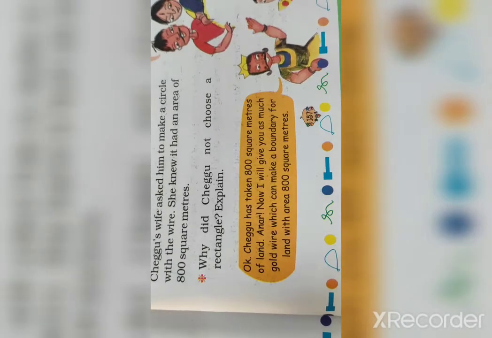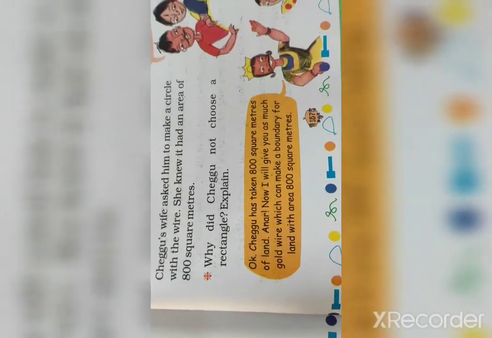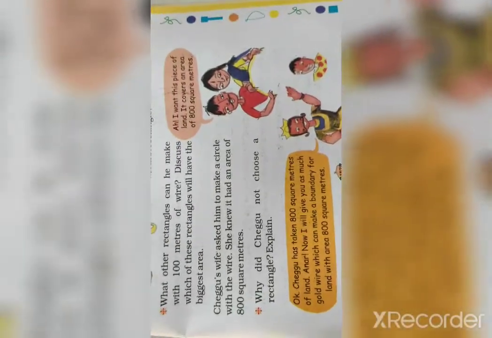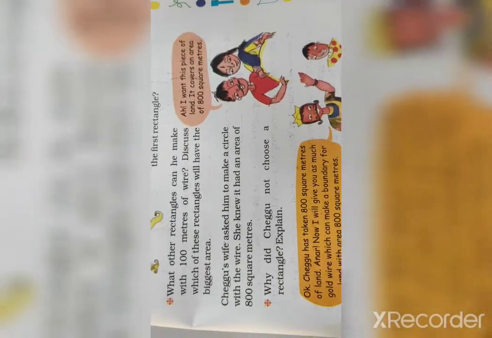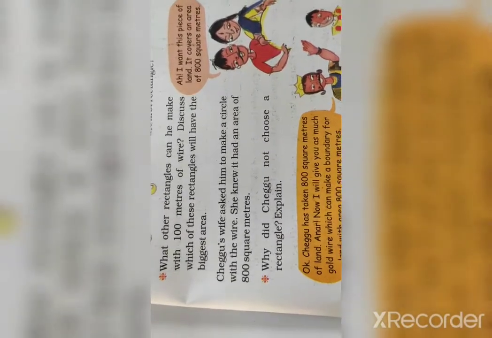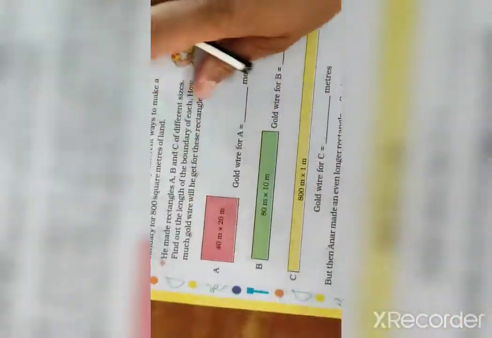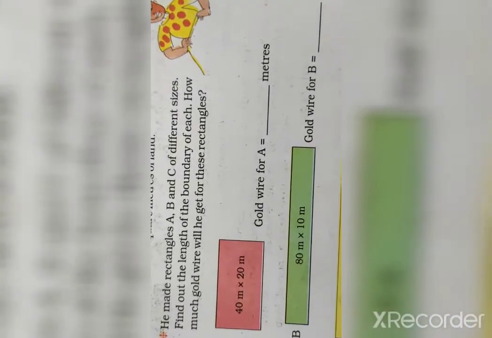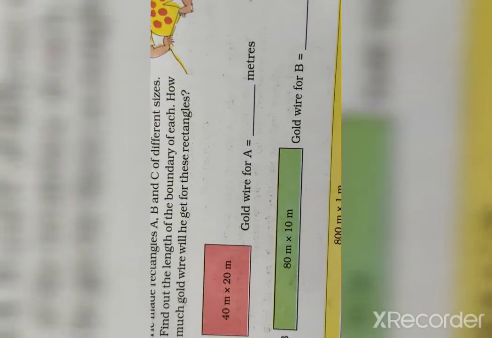And now I will give you as much gold wire as can make a boundary for land with an area of 800 square meters. That means you have to take that much boundary so you can cover the 800 square meter area. The 100 meter wire is this. So what happened? Maximum, when you divide 100 by 4 equally.